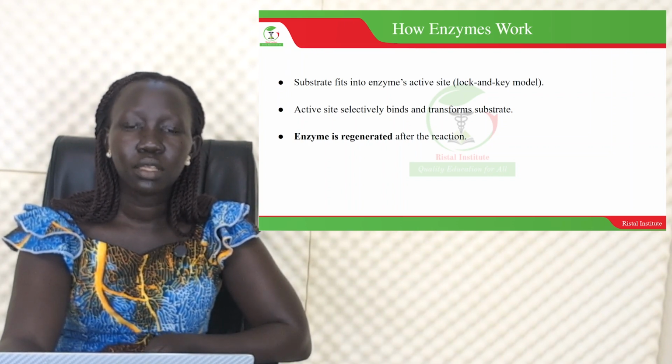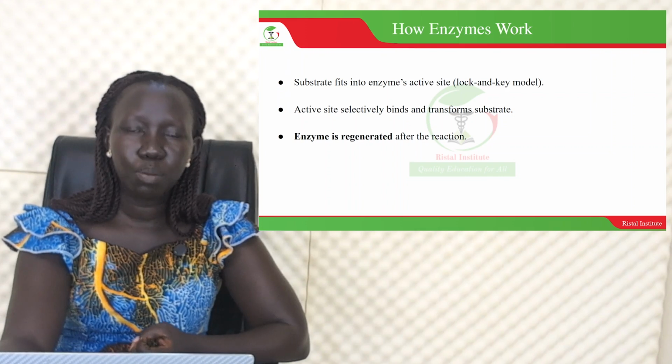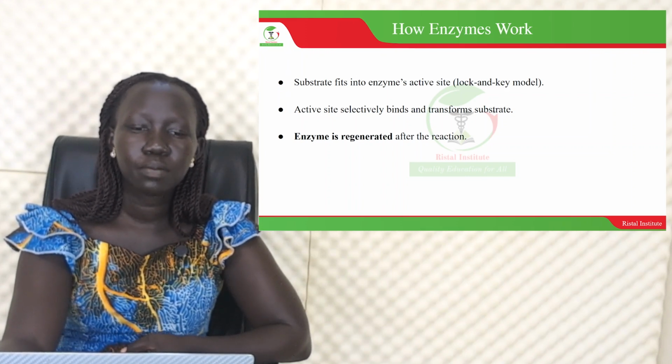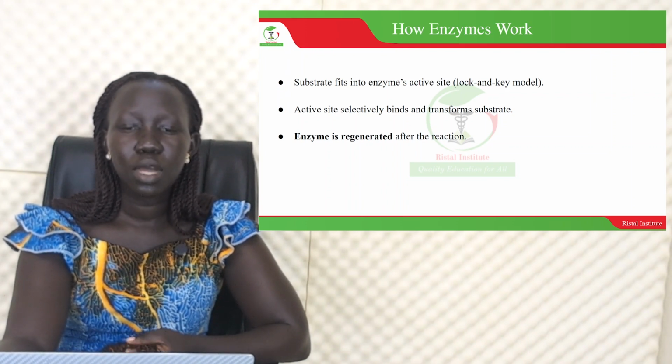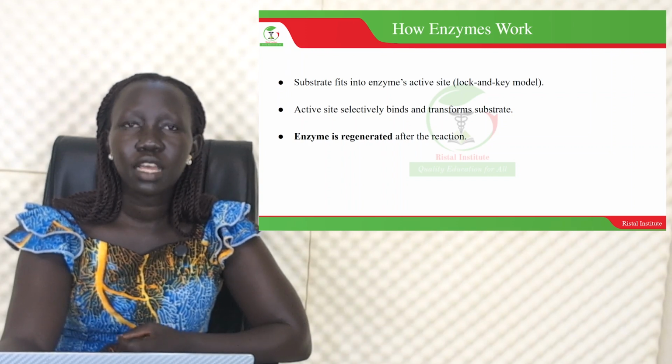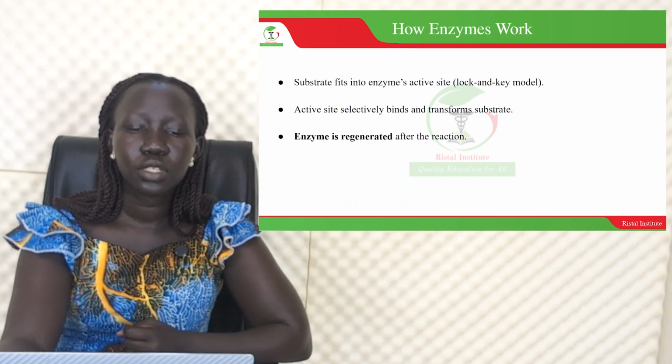The way you see a padlock and its key, that is how the lock and key model operates. Once the substrate has entered the active site, it selectively binds and transforms the substrate, and the enzyme is regenerated after the reaction is complete.